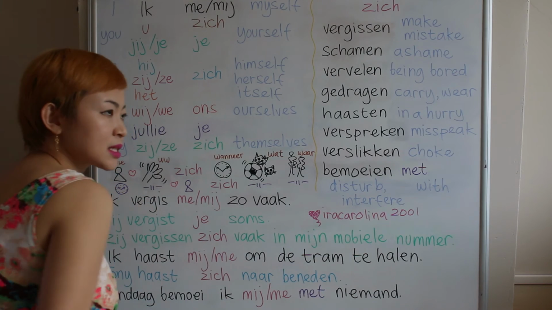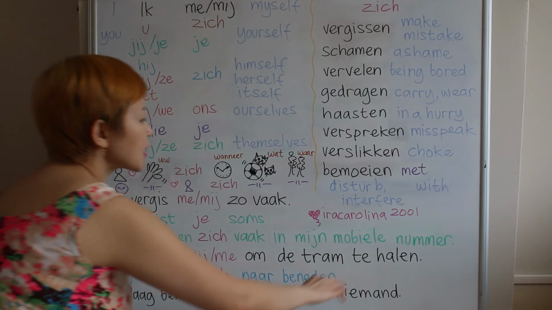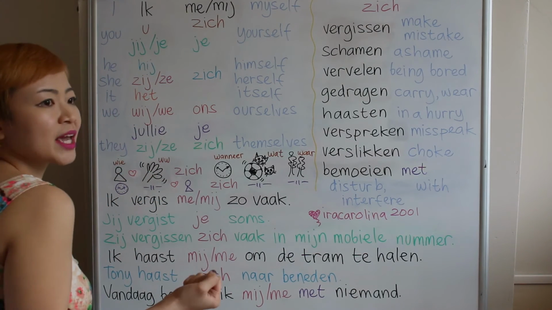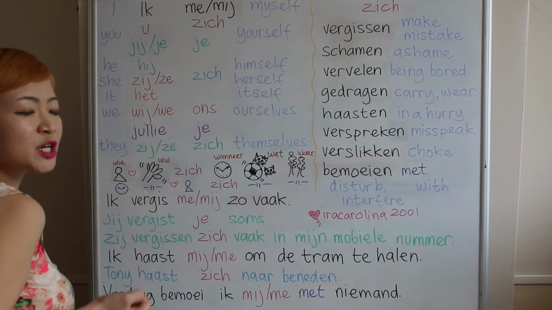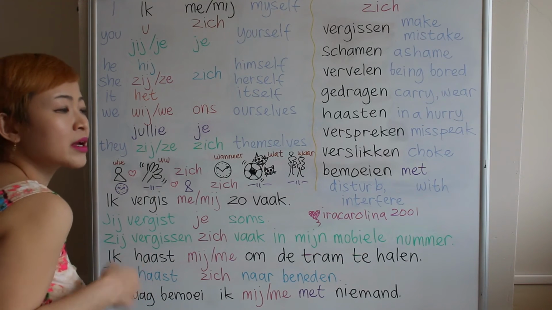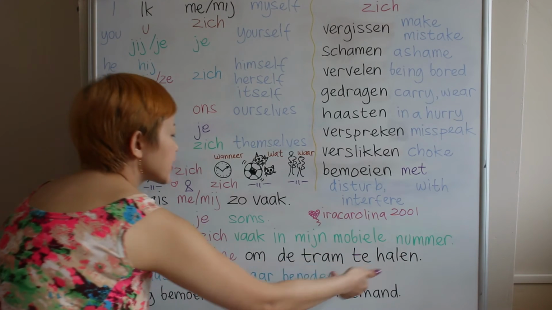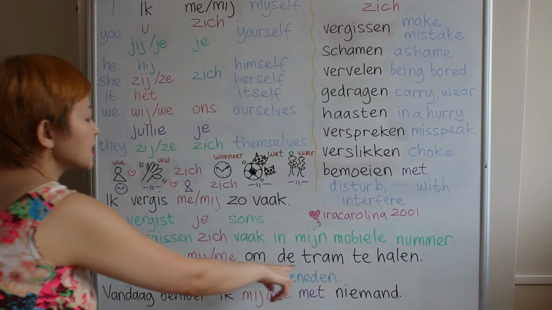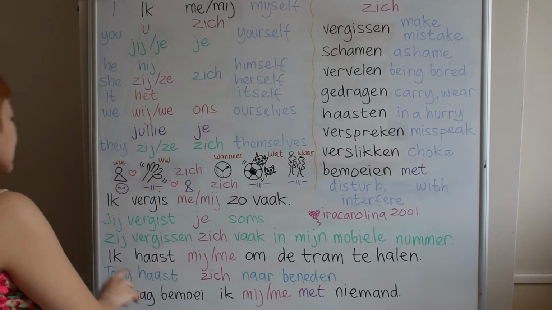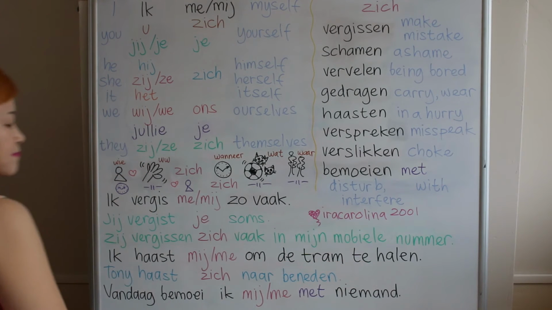The tram is like the MRT in Singapore. It's public transportation. Te halen, to catch the tram. I'm in a hurry, or I hurry myself. I myself am in a hurry to catch the tram. Ik haast mij om de tram te halen. Ik haast me om de tram te halen.